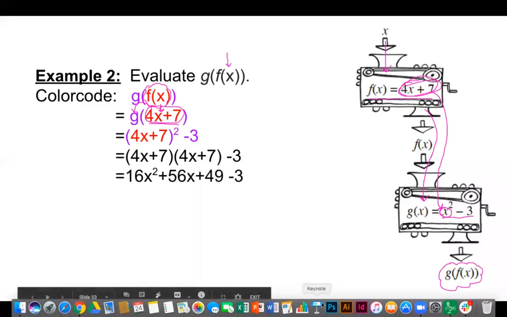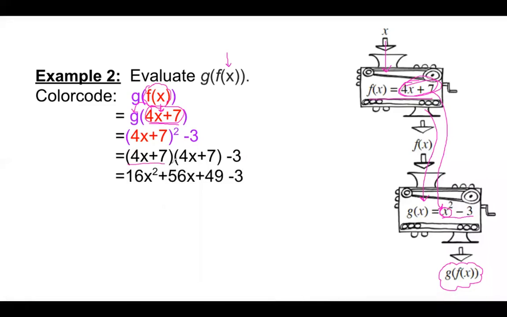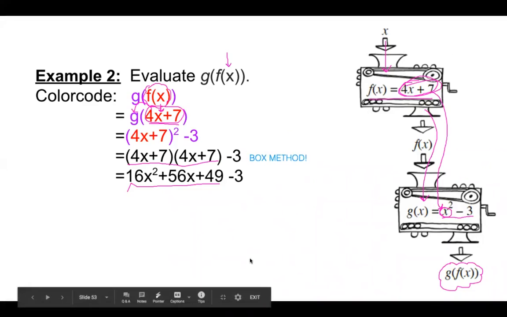Let me underline that part. Right here, we use box method and we get this. Let me also type that out right here. Box method. And I'm going to show you how I did the box method in a second.